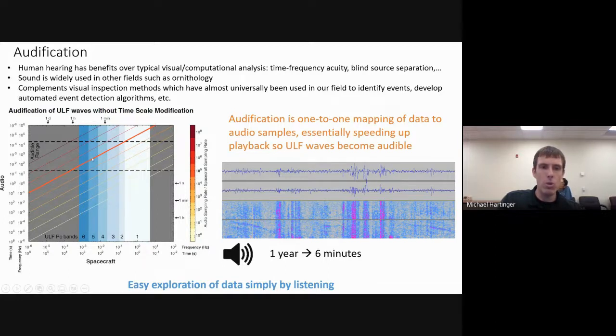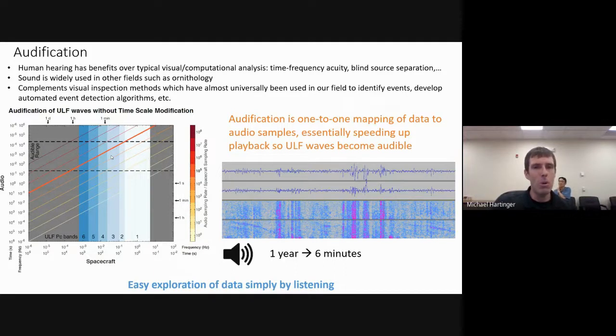If you just start at PC5, for example, let's follow this curve here. You can almost do the whole band, but you'll miss some of the PC1 waves. So you have to choose what resampling rate you want, and that means you have to decide which frequency range you want.